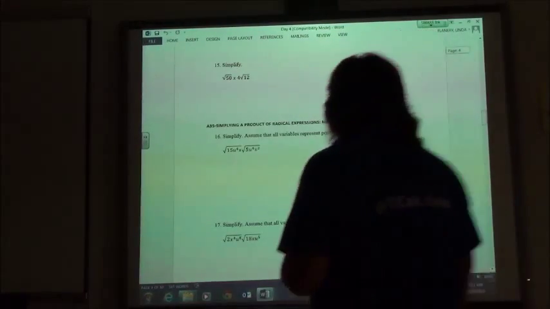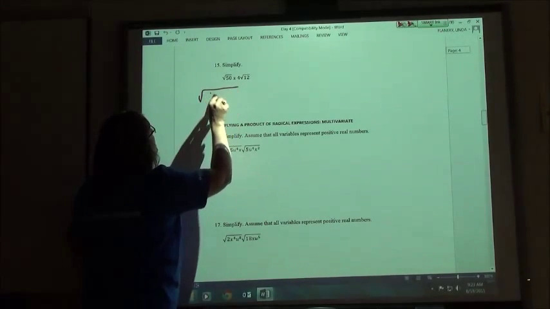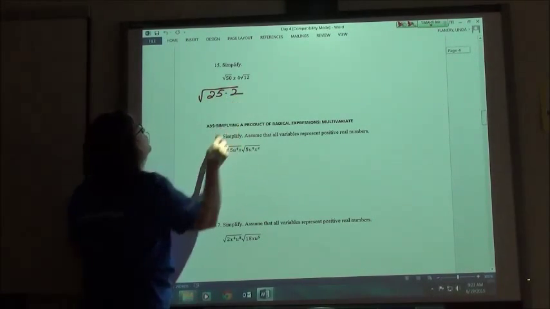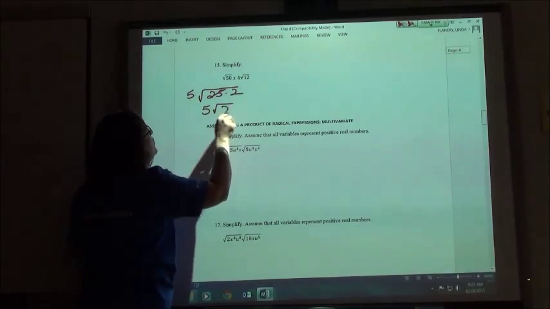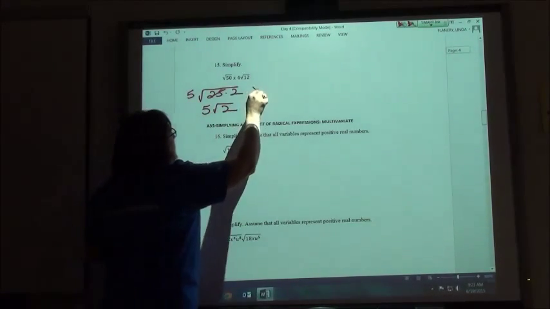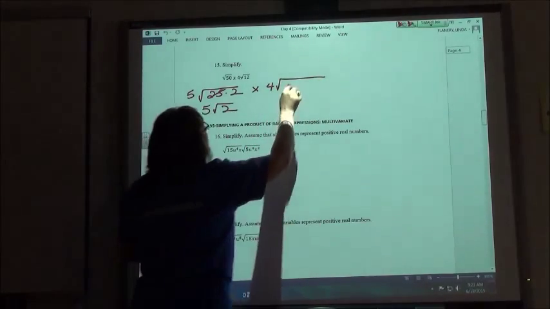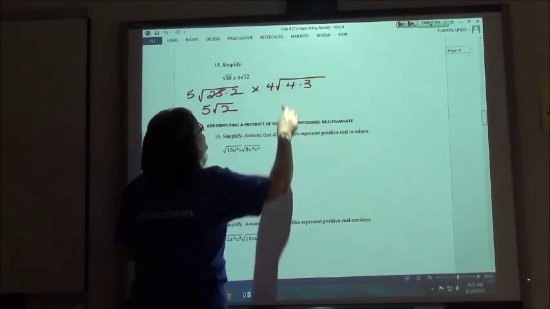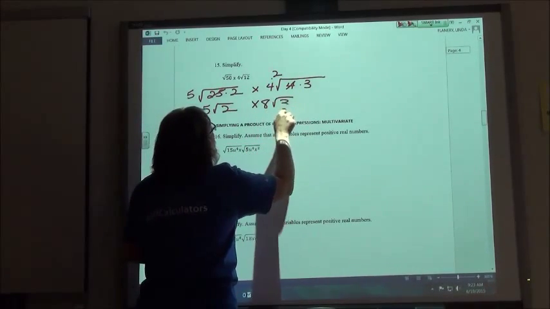So number 15, if I'm going to simplify that one, square root of 50. 25 times 2, square root of 25 is 5, so I get 5 square root of 2. Times 4, square root of 12. 12, 4 times 3. Square root of 4 is 2, so I have 8 square root of 3.